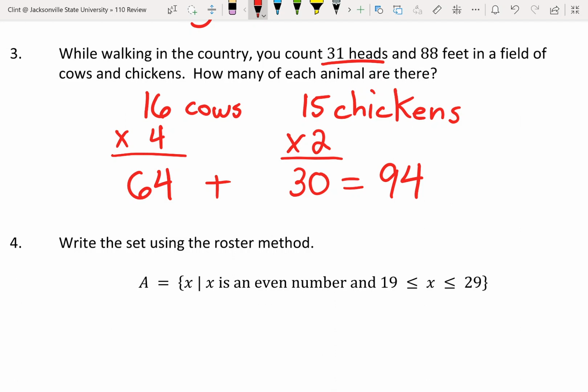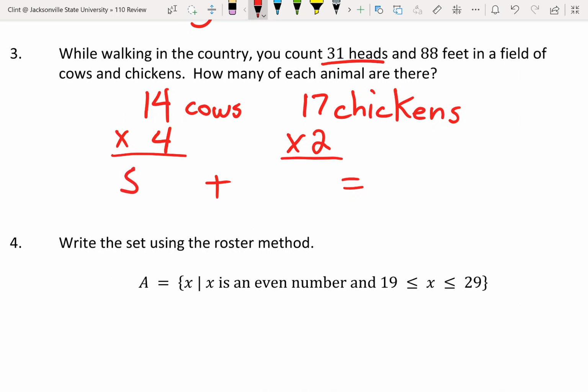On this one, we're maybe not super close, so I'll change it to 14 cows, and that would make us have 17 chickens. Let's see how we end up there.